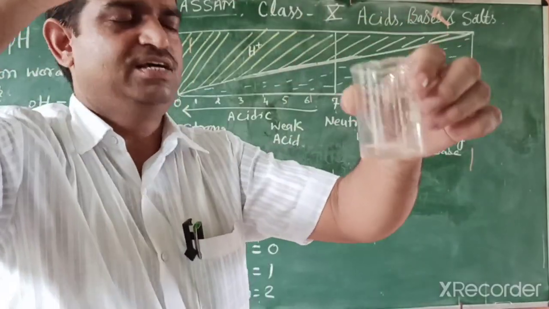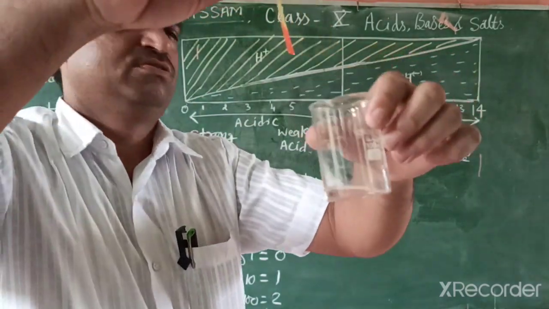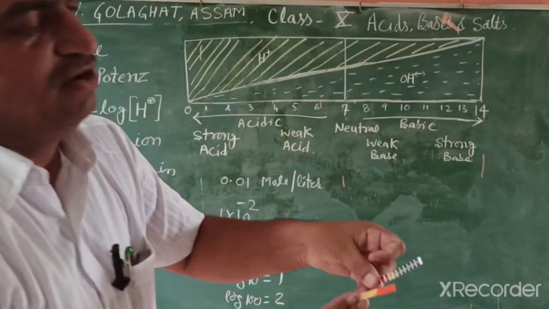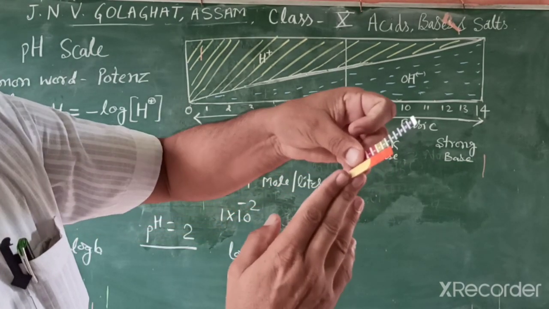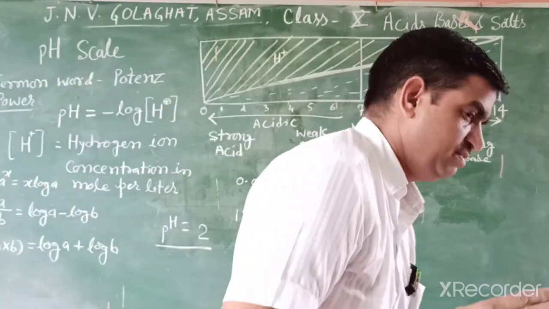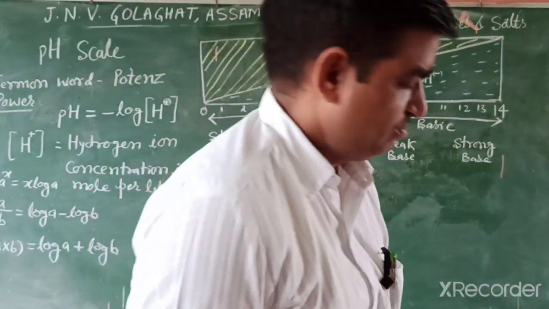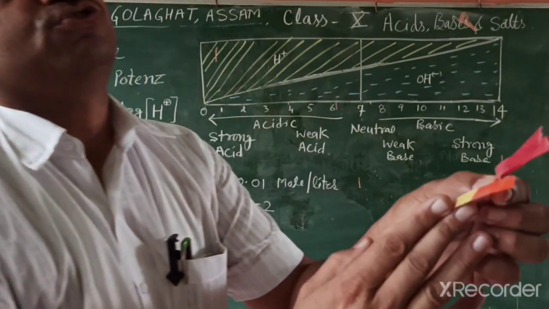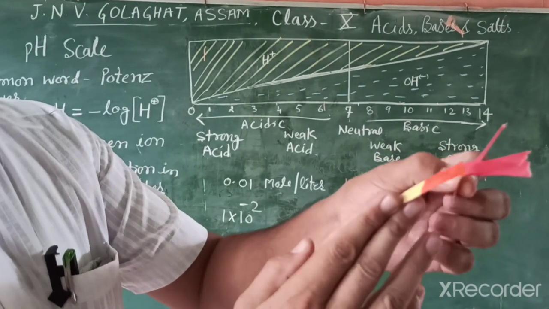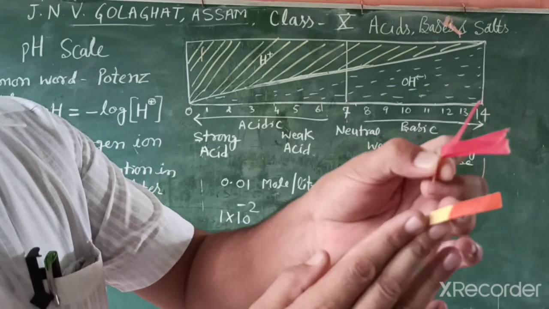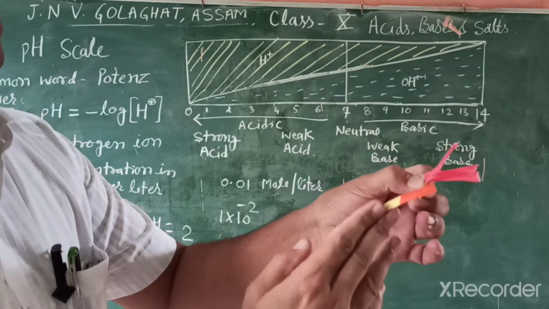So this is slightly brown, comparatively orange or brown color. So its pH is near 3 or 4. So it's a slightly weaker acid compared to HCl and H2SO4. These are HCl and H2SO4, and this one is acetic acid. So their color is changed. So it is a weak acid, and they are strong acids.